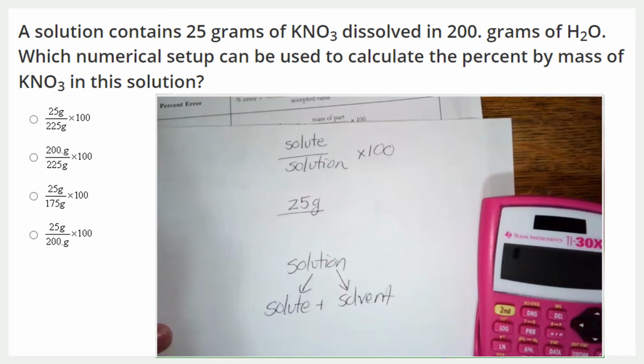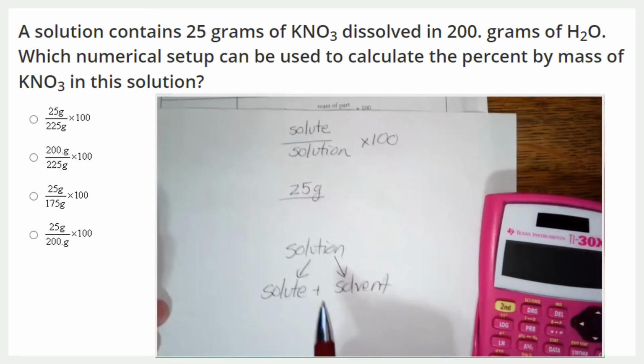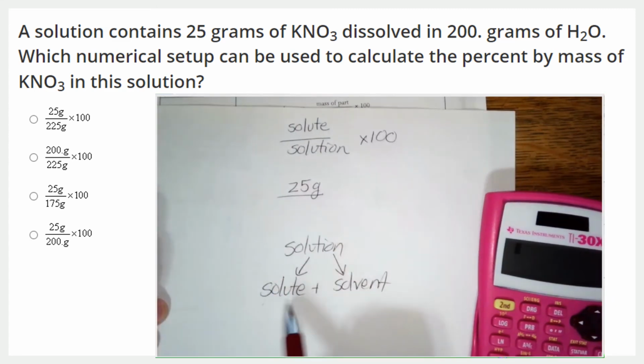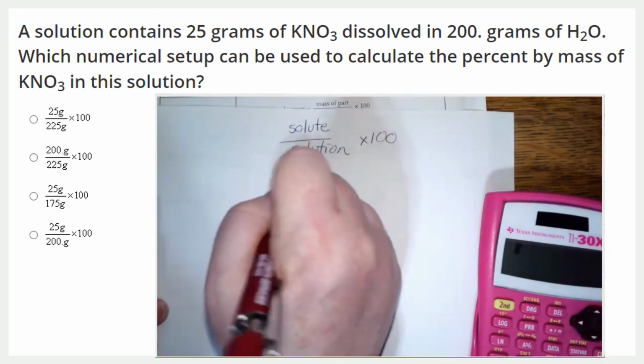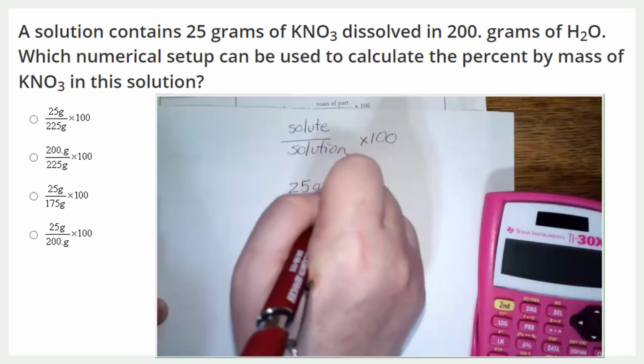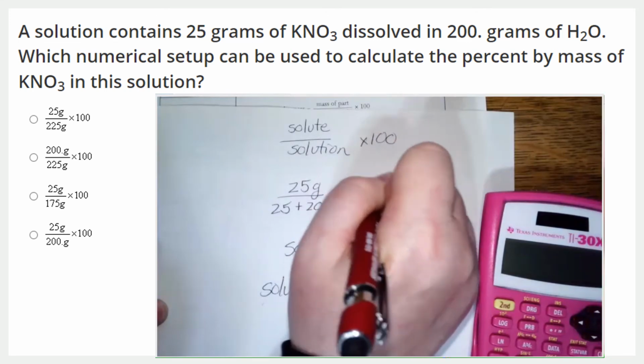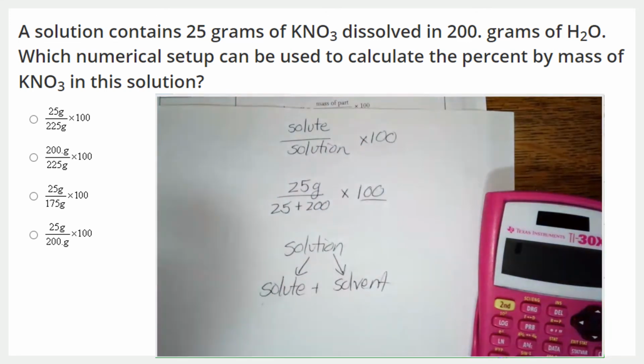Now, sometimes it just says mass of solution, easy peasy. In this case, it doesn't. It doesn't say 200 grams of solution. It says 200 grams of H2O, of water. So in order to find the mass of the solution, I need 25 plus 200. And then I can't forget times 100. And then hopefully we see that answer there.